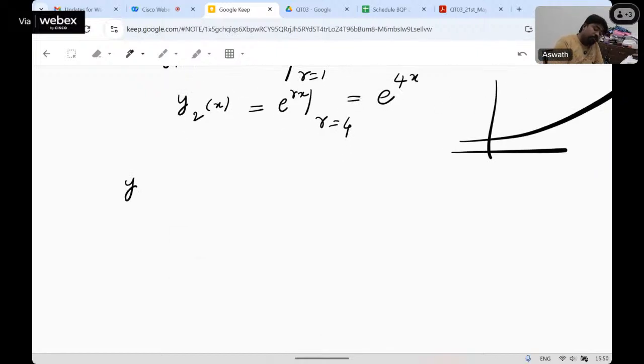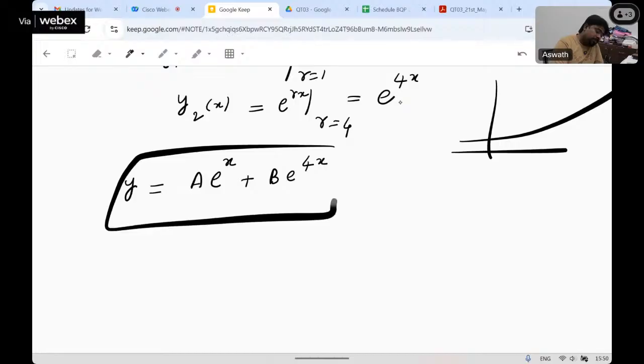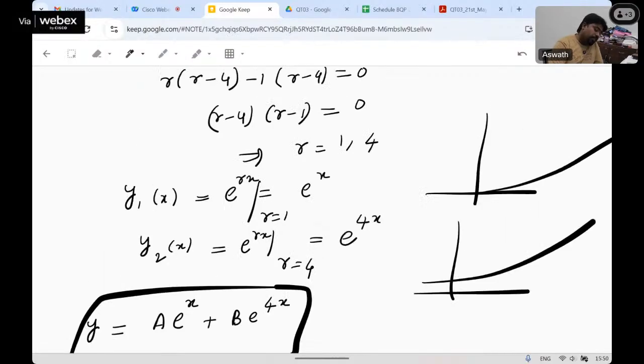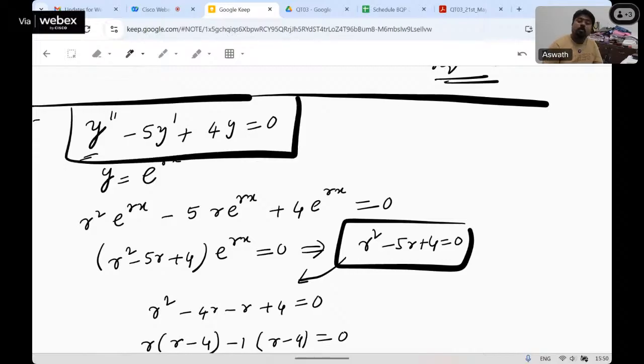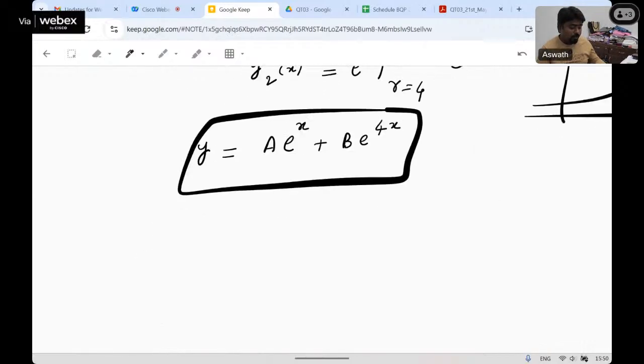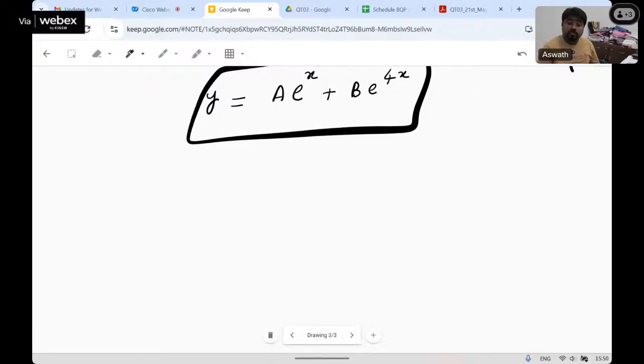The general solution you can write as y equal to a times exponential x plus b times exponential 4x. This is the general solution of the above differential equation. If it is a third order differential equation, you have to find at least three independent solutions, and from them form a general solution.